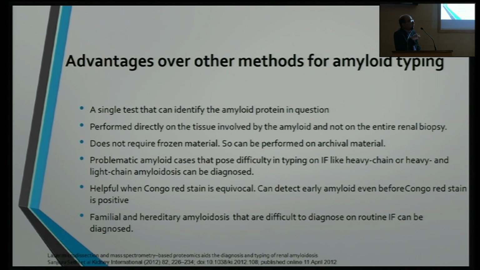Another part is that it will not require any frozen material, and difficult cases, especially heavy chain amyloid, can be diagnosed using this. And early amyloid cases where the Congo red staining is equivocal, there it can play a role. And also in familial and hereditary amyloid.